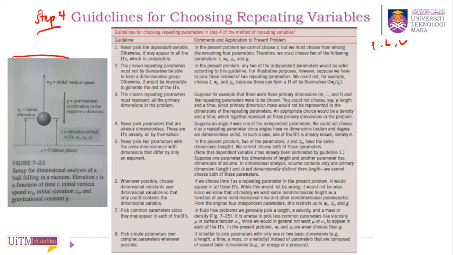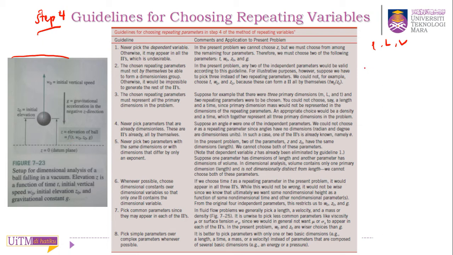Set up for dimensional analysis of a ball falling in a vacuum. So there is a ball falling in a vacuum. They gave you the elevation z of the ball, which is a function of time t.